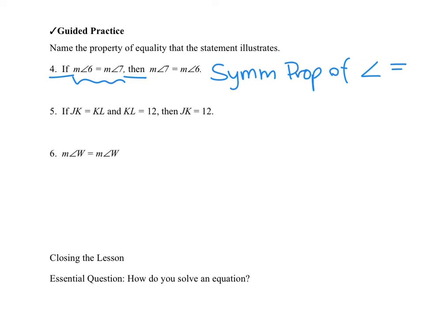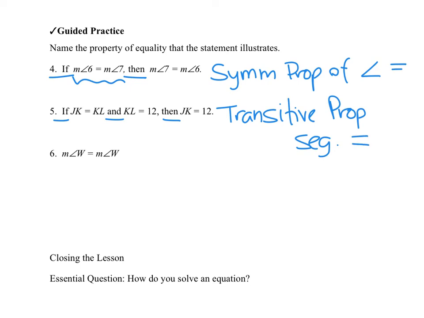The next one, since it's an if and then, it's transitive property. Segment equality, and equal each other is the reflexive property.